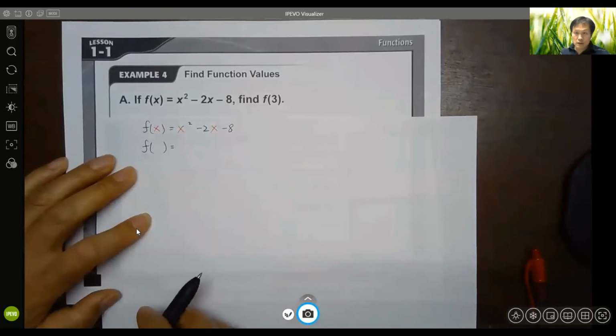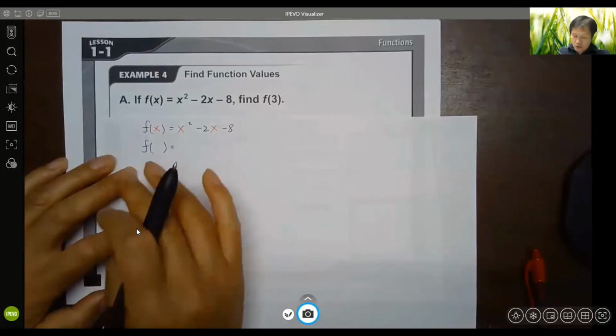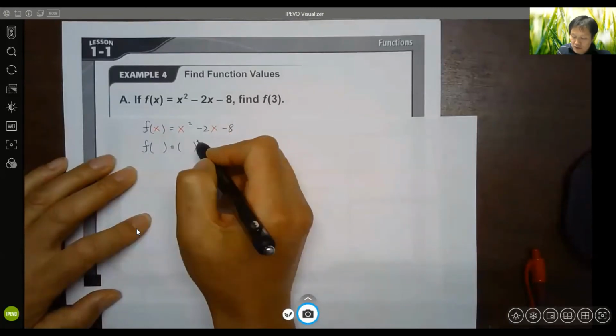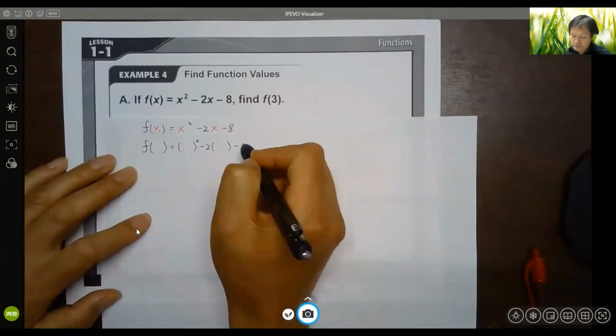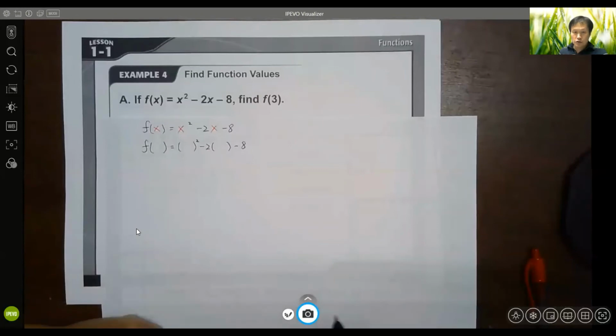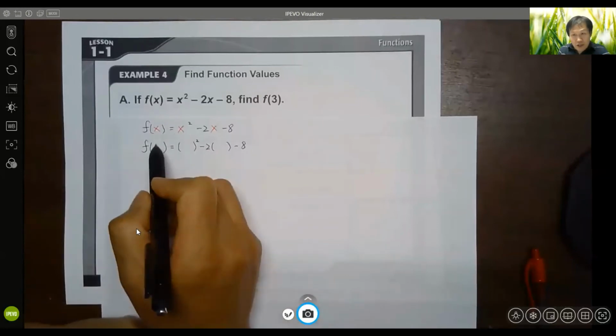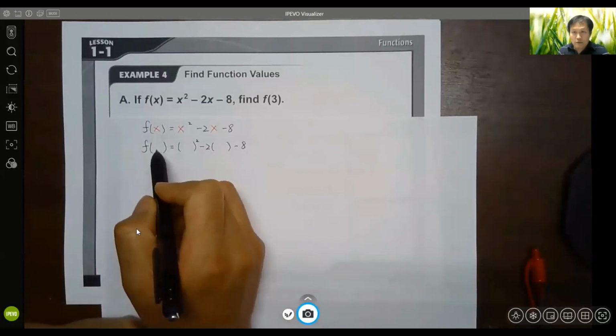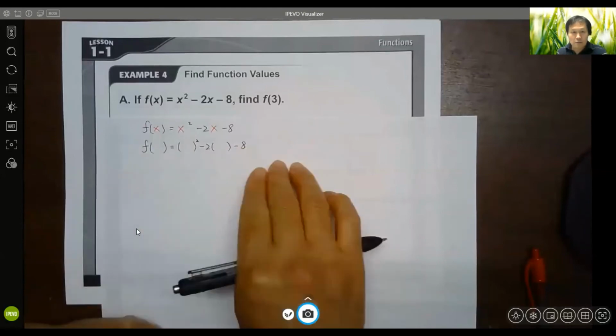So f of whatever, I strongly recommend you to set it up as the following. Did you notice I did not plug in 3 yet inside the parentheses? Rather, I need you to set it up like this.